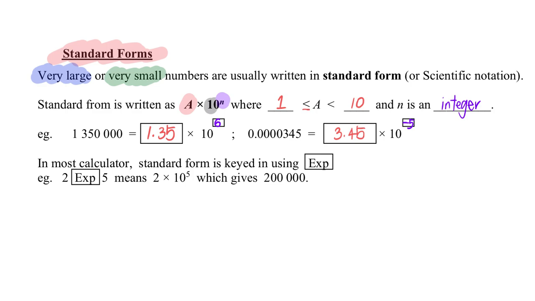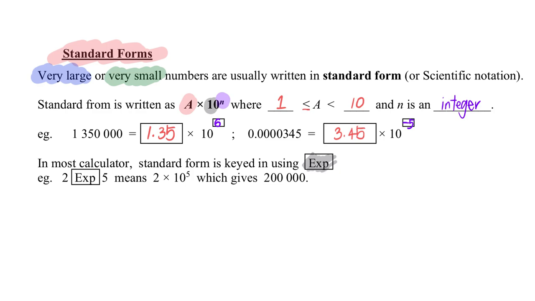So this is another way of writing numbers, either very large or very small. In most calculators, standard form is used with this button EXP, meaning 2 EXP 5.